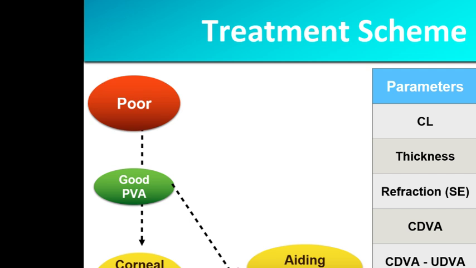Okay, now we have to remove contact lens. Fine. Customized laser. Okay, what about thickness? Thickness is not sufficient to go for it. First of all, minus 6.25 is a very high spherical equivalent.